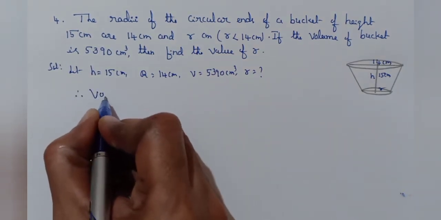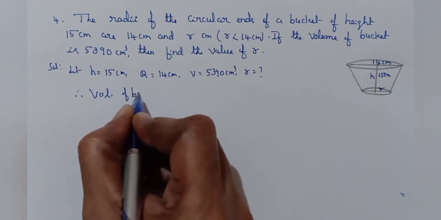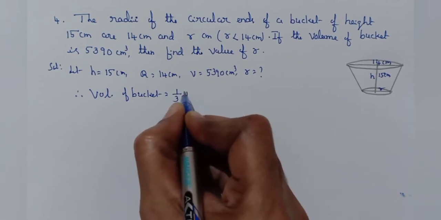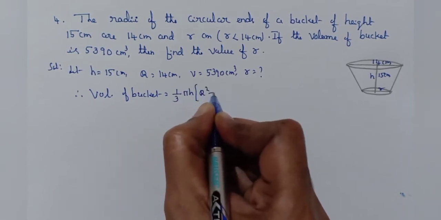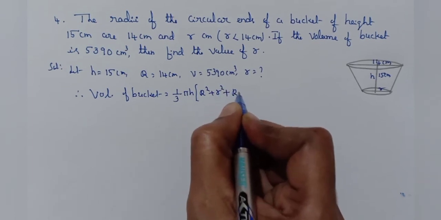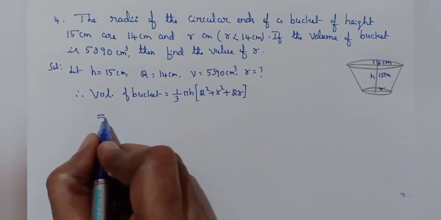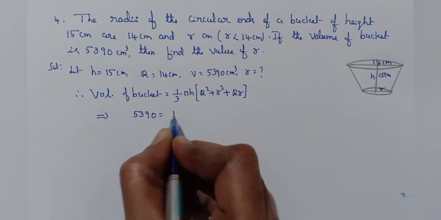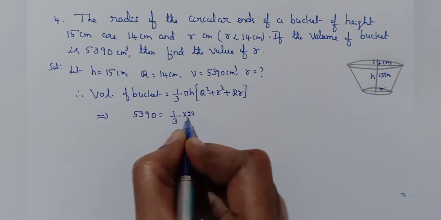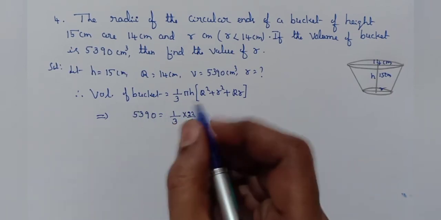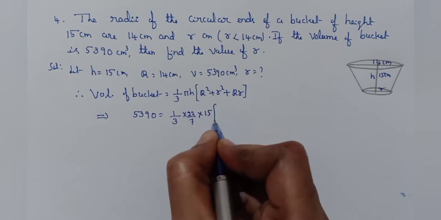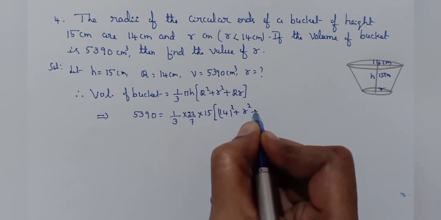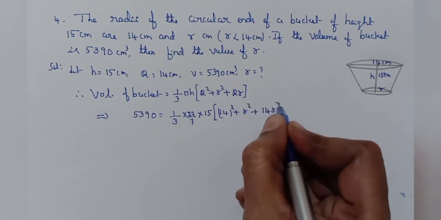You know the volume of the frustum. Volume of bucket is equal to 1 by 3 pi h into (capital R square plus small r square plus capital R into small r). In place of volume, substitute 5390, 1 by 3, 22 by 7 into h is 15, capital R is 14 square, small r we have to find out, right as it is, next 14 r.